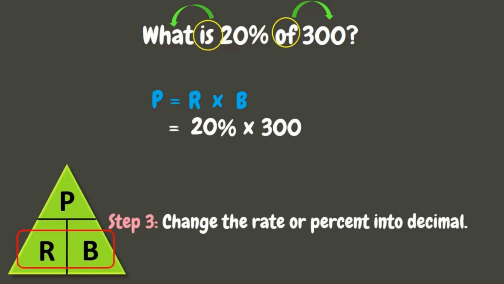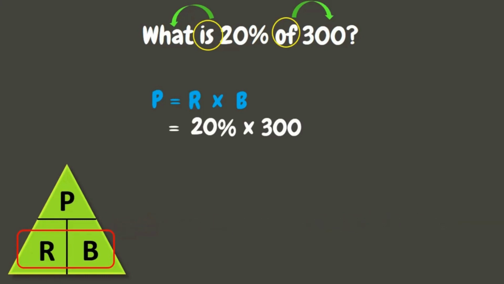To change the percent into decimal, let's change percent sign into a decimal point. There you go. Now, let us move the decimal point 2 times to the left. 1, 2. There you go. Now 20% is now 0.20. Now you are ready to multiply.